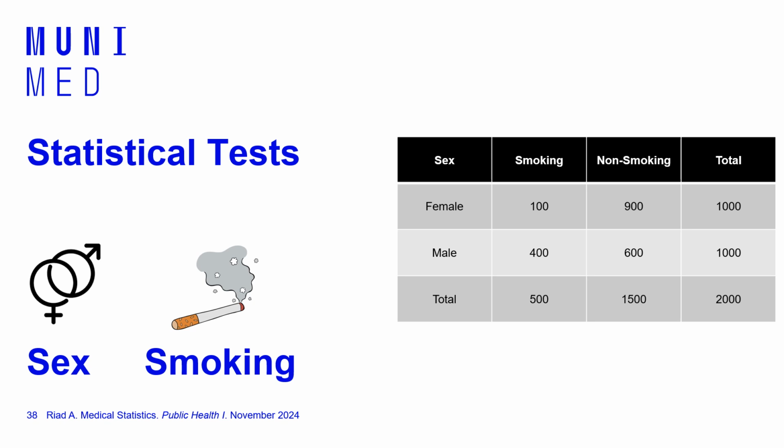So based on these numbers, you can see two categorical variables. Sex is a categorical variable, it's either male or female, and smoking is also a categorical variable, it's either a smoker or non-smoker. So in this case, we will definitely use a chi-square test.